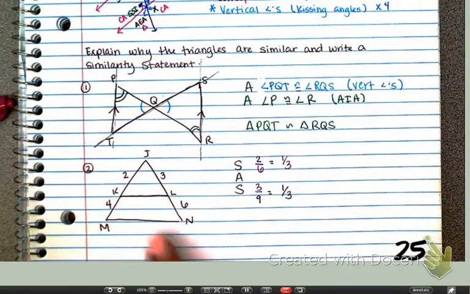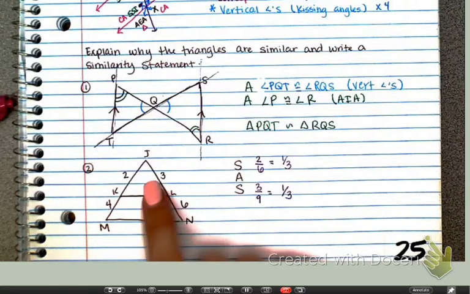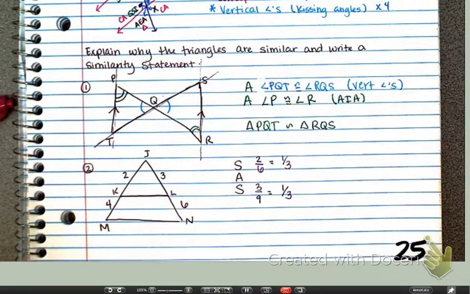Do I know these two lines are parallel? No. So I can't use corresponding, alternate interior, alternate exterior. I can't really use anything from above. Is there an angle that both triangles have in common? Yes, Carlos, which angle? JKL and JMA.